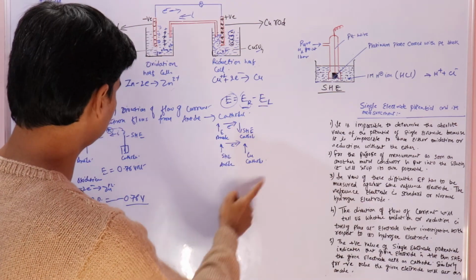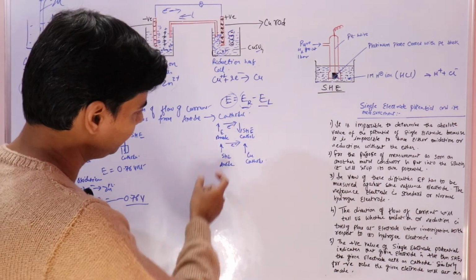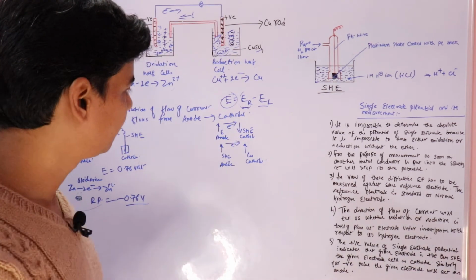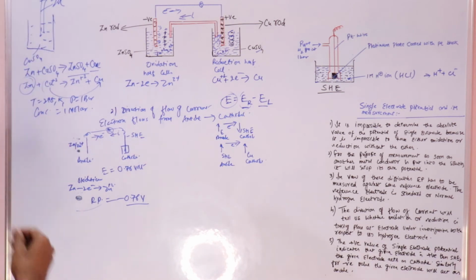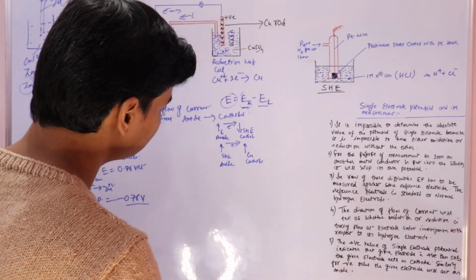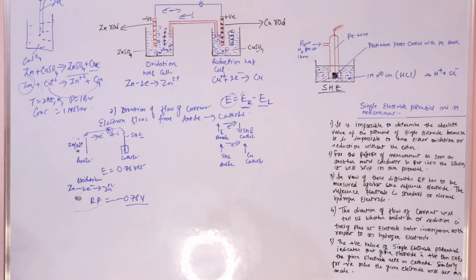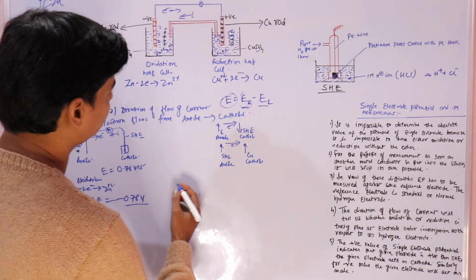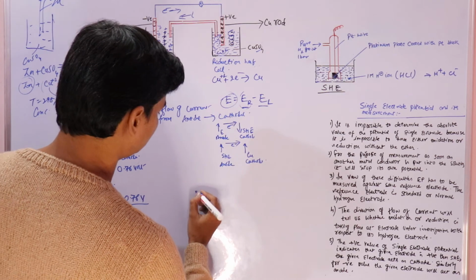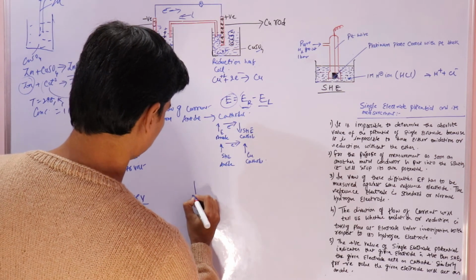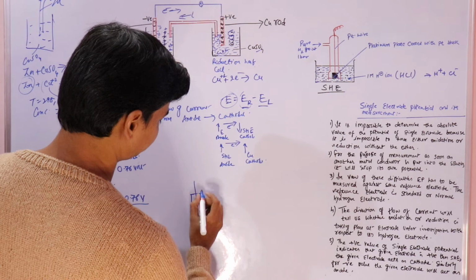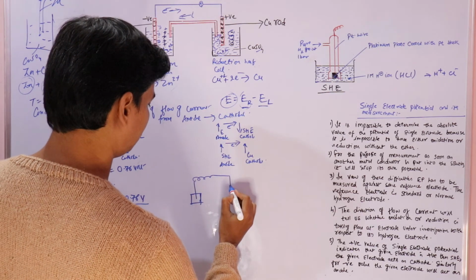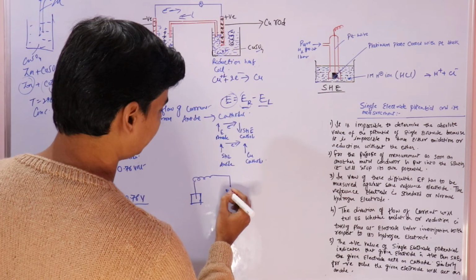Similarly, if we talk about this scenario, where the anode is the copper electrode and the cathode is the standard hydrogen electrode, right? What we do is we put this standard hydrogen electrode here, and we connect to it this copper electrode, like here.